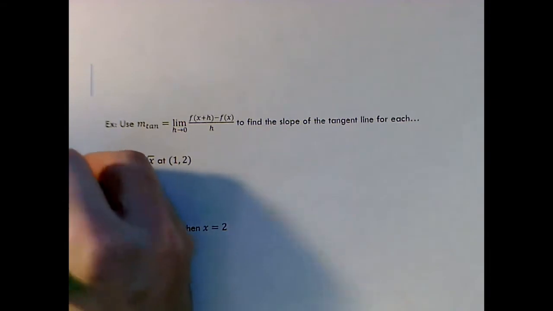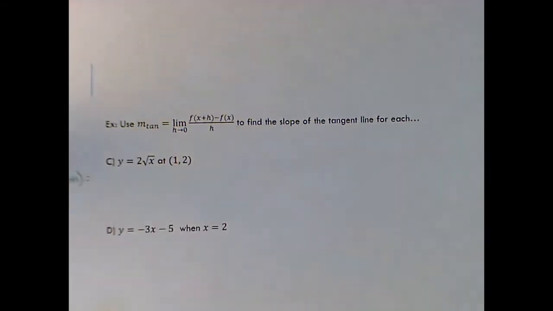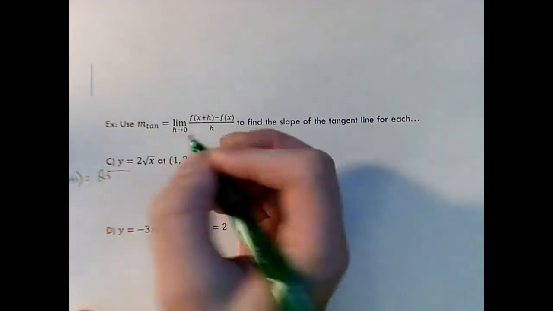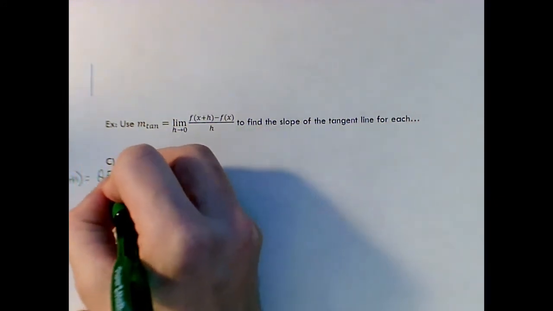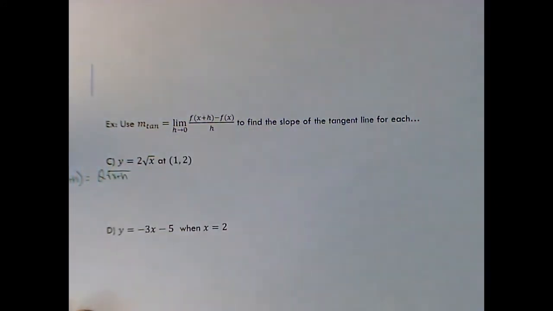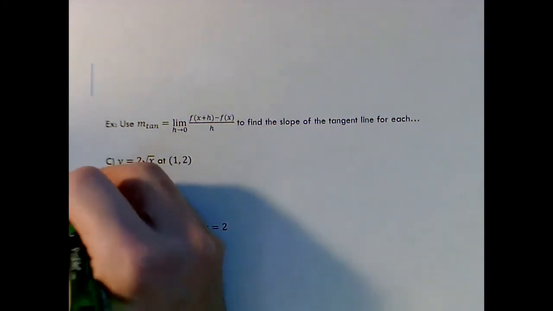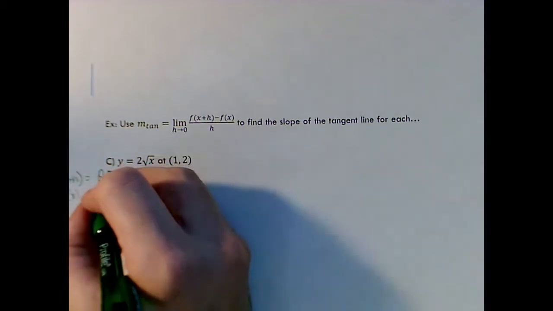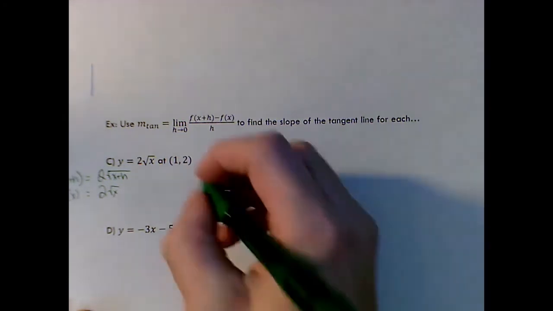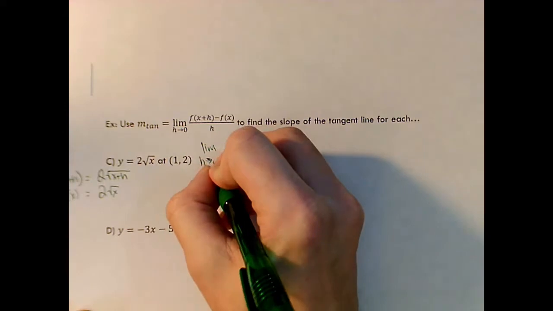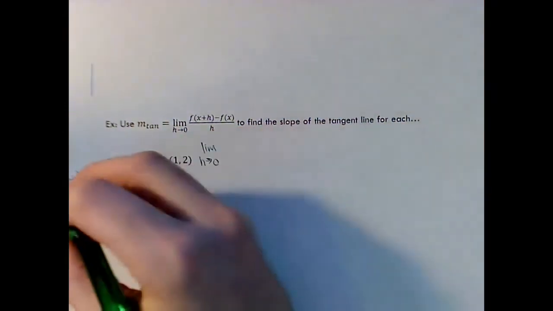f of x plus h is going to equal 2 times the square root of x plus h, and f of x is going to be 2 root x. So the limit as h approaches 0 of f of x plus h minus f of x over h.